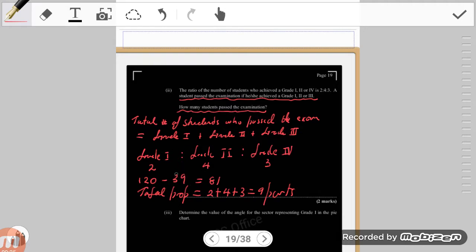Since we already know what number of students represents grade 3, we subtract that from the total, so this 81 here would represent grades 1, 2, and 4. And we know that the total proportion of parts that represents grades 1, 2, and 4 is 9 parts.